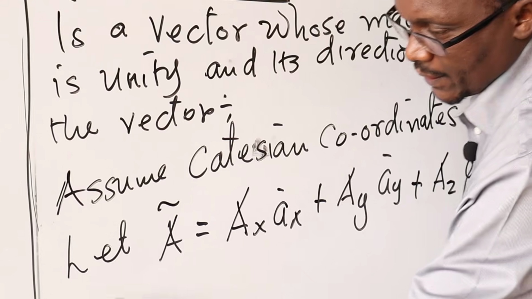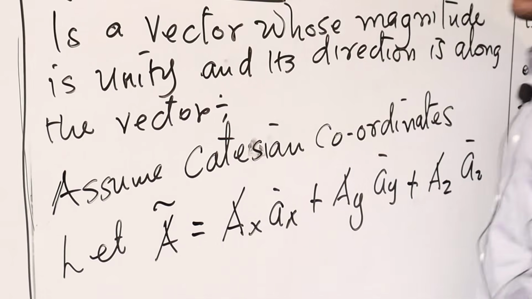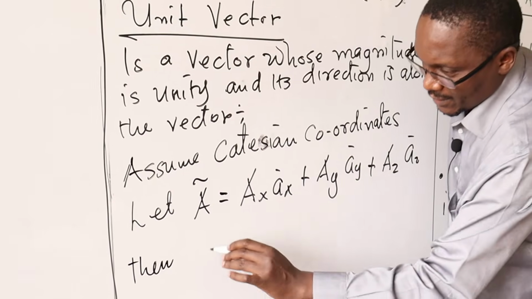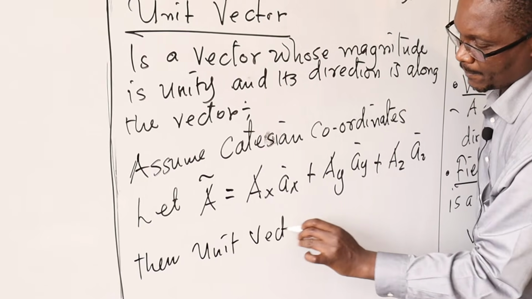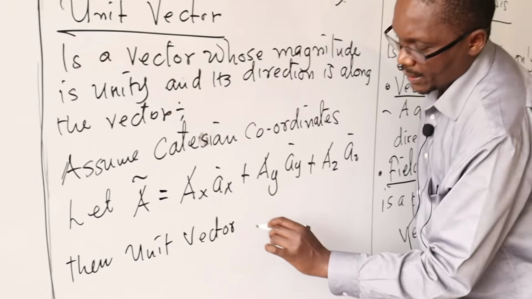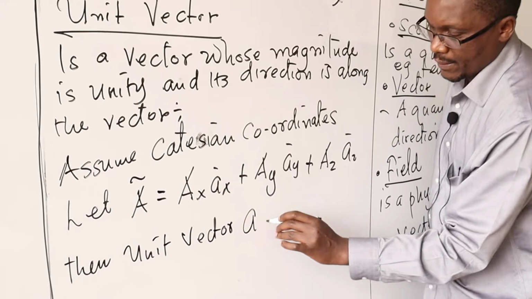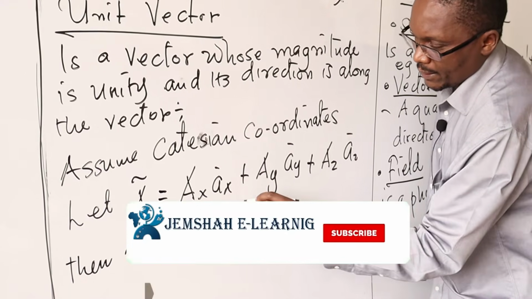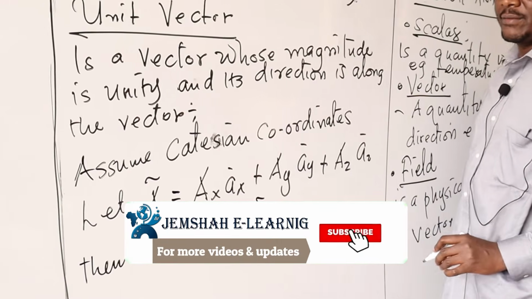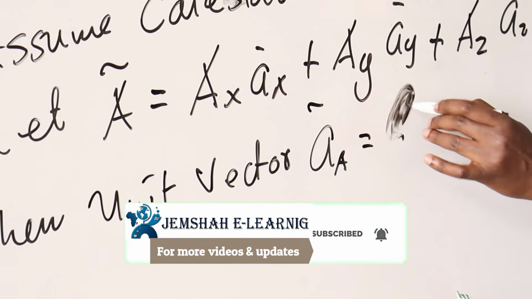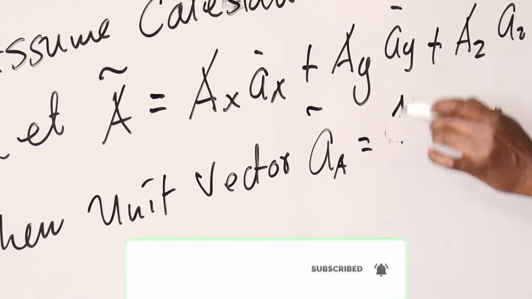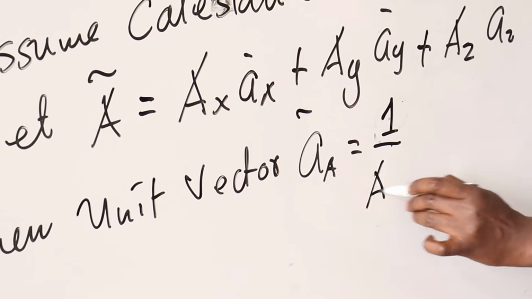Then our unit vector, which I'll represent as a, with that A bar, will be represented mathematically as 1 over the magnitude.